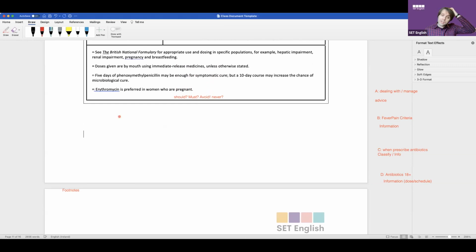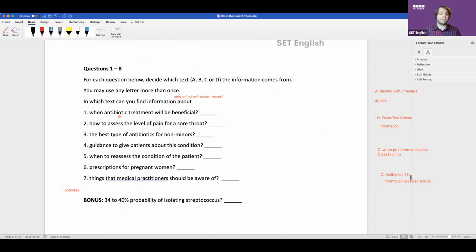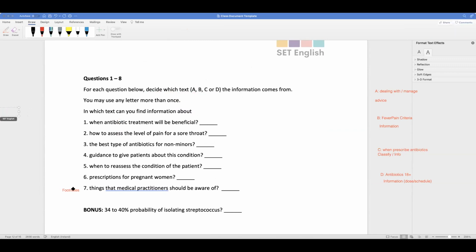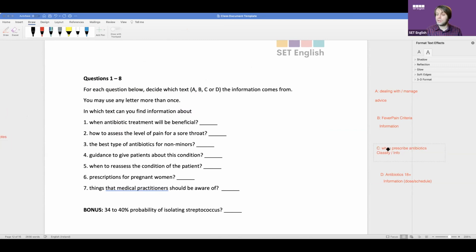All right, so let's see if we can do these quickly now. Okay, number one. In which text will you find information about when antibiotic treatment will be beneficial? Guys? C, says Morella. Why is she saying C? Because? When to prescribe. When. So now we've got that answer from the main idea. Right, good.